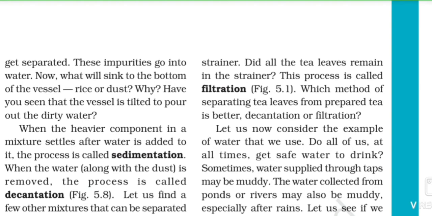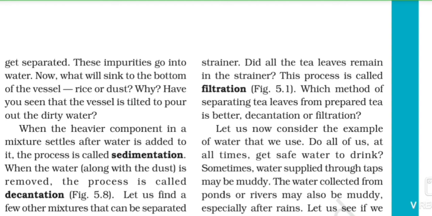Afterwards the rice and pulses settle down because they are heavier material. So the heavier component settles at the bottom of the vessel, and the soil and dust particles, that is the impurities, float in the water. Afterwards your mother will pour the water from the vessel into the sink or into another vessel, and in this way the rice and pulses are washed with the process of sedimentation and decantation.